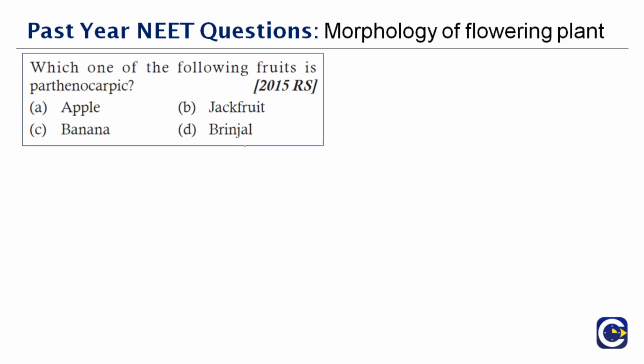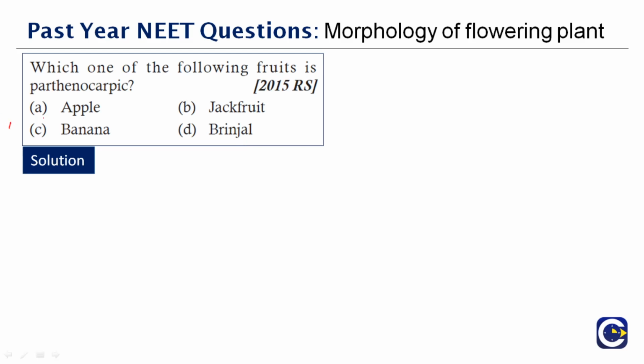Next question here. Which one of the following fruit is actually parthenocarpic? Okay, you're given 4 options here. So what do you think will be the answer here? Before we go into the answer, let's discuss what you mean by parthenocarpic. Okay. So parthenocarpic or parthenocarpy, it is a development of the fruit without prior fertilization.